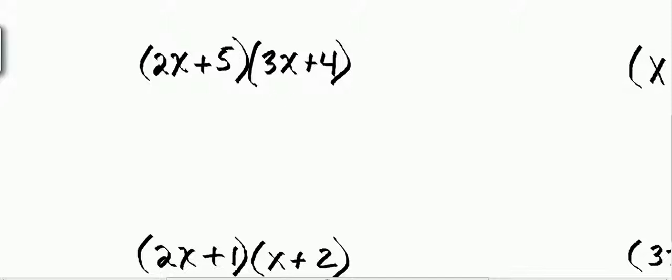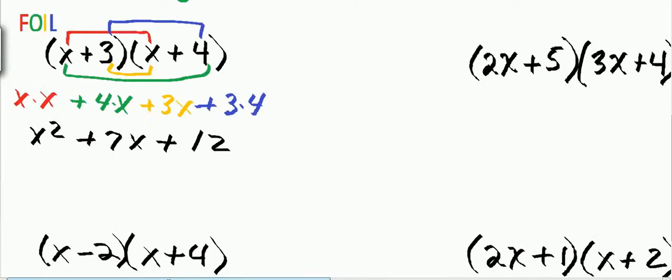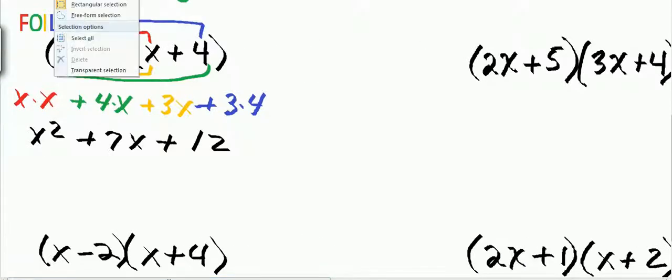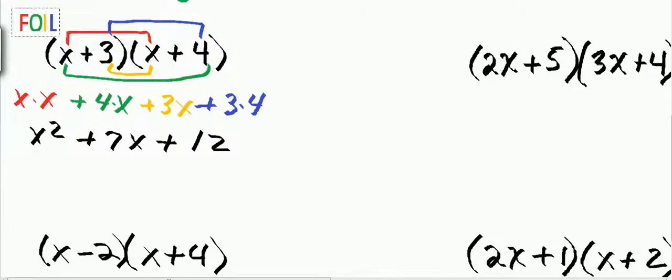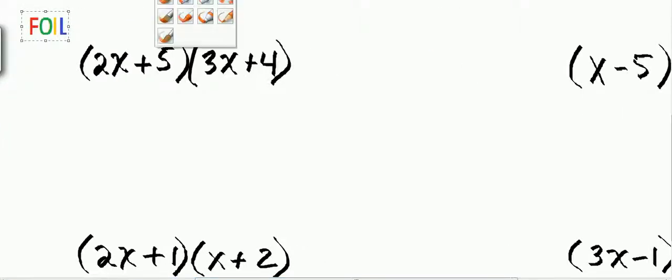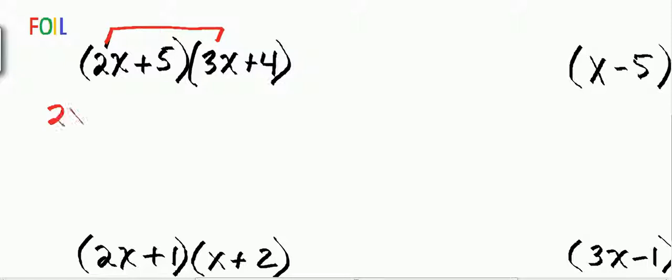2x plus 5 times 3x plus 4 if we use the FOIL method. We'll bring this over with us. And so we will first multiply our first terms, which are 2x times 3x.